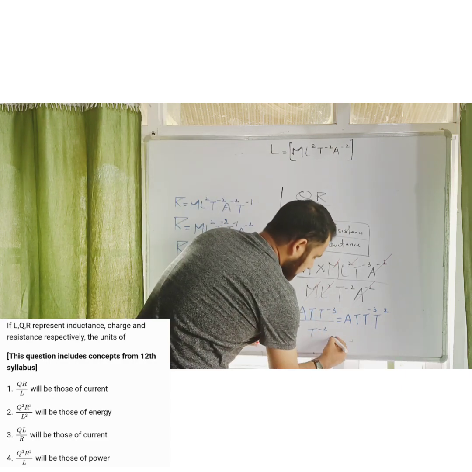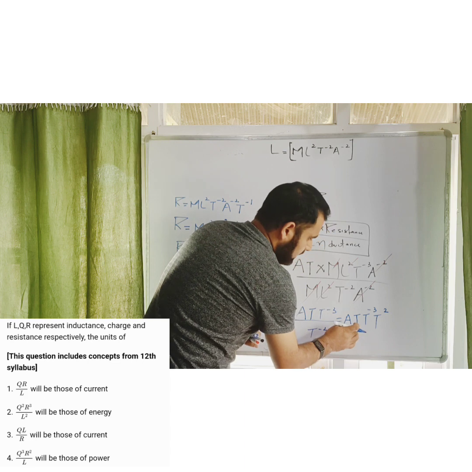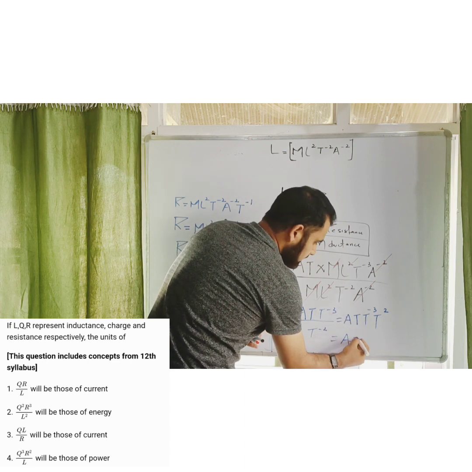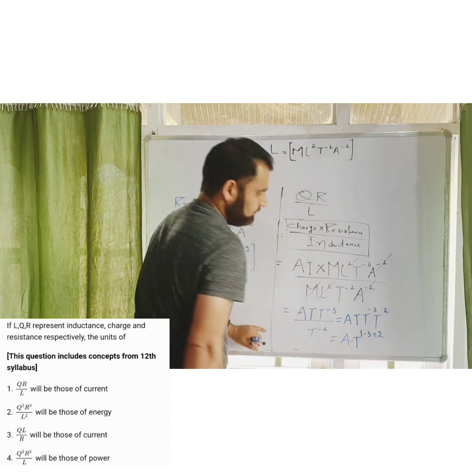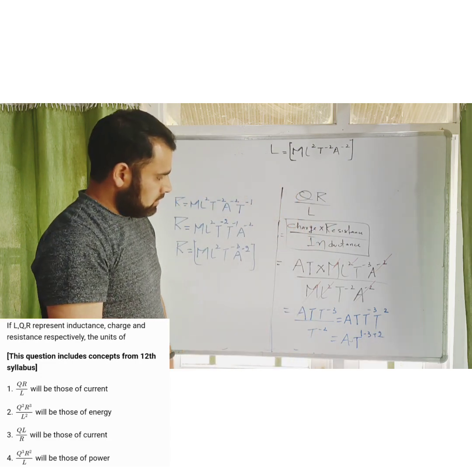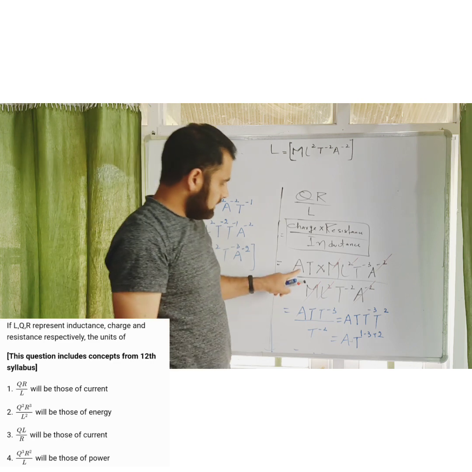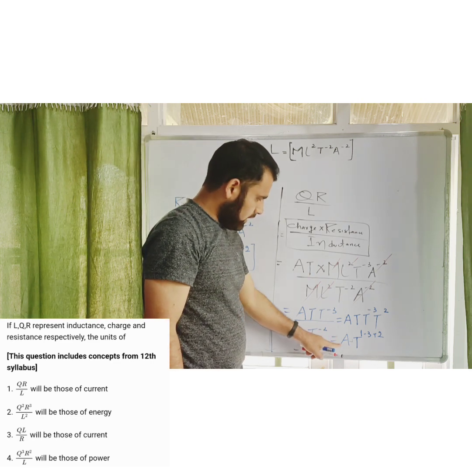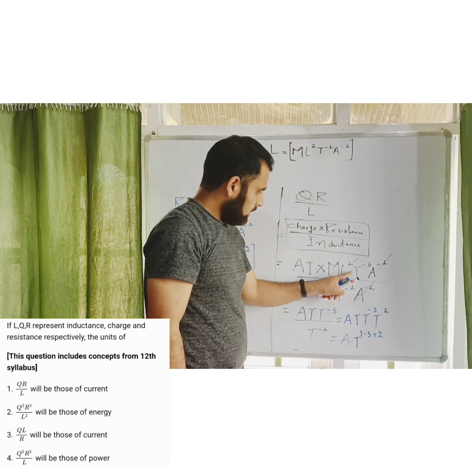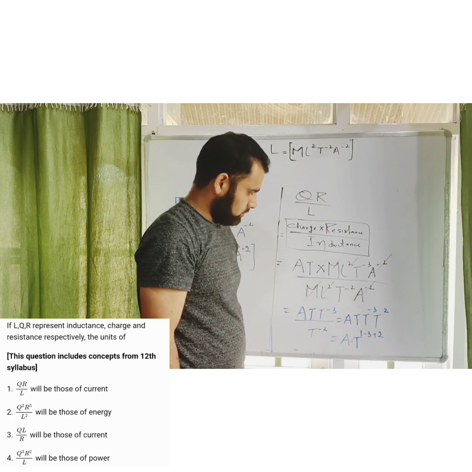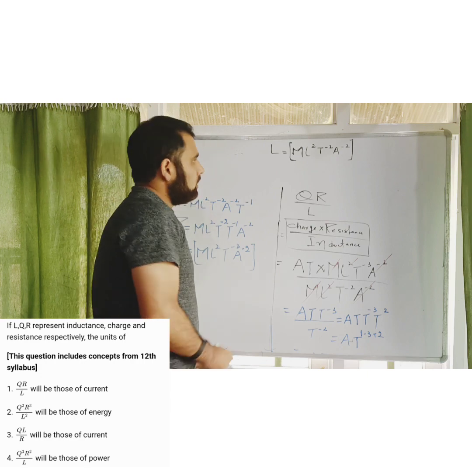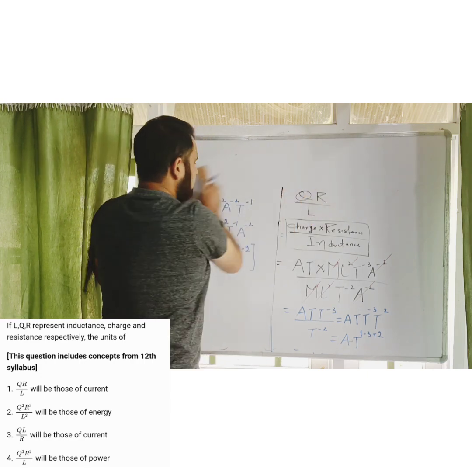Now it is equal to A. Here bases are the same, powers are added. It is T raised to the power 1 minus 3 plus 2. You can check here, it is A into T, then we are left with T⁻³, and in the denominator we have T⁻².